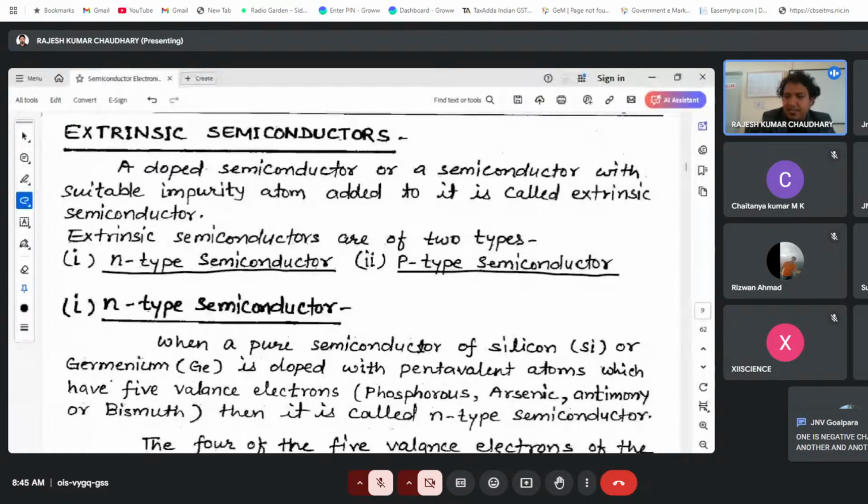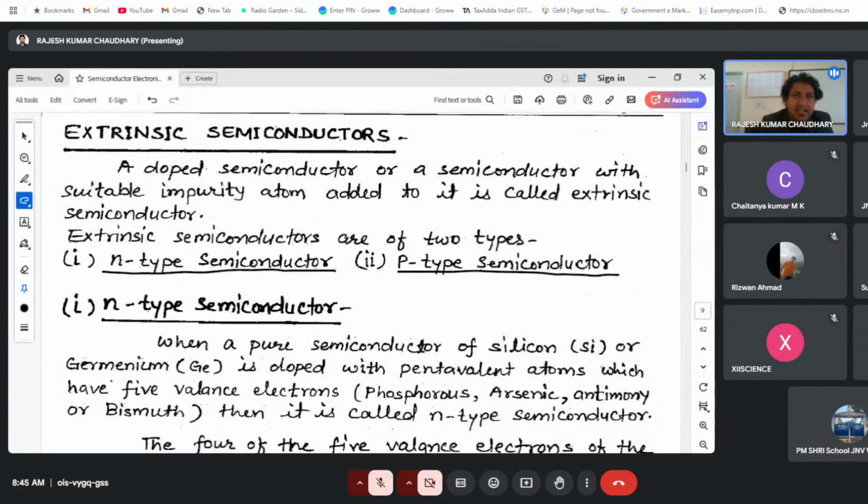One is negative charge carrier and another is positive charge carrier. Very good. One is having a large number of positive charges, that is holes, and another a large number of negative charge carriers, majority charge carriers.